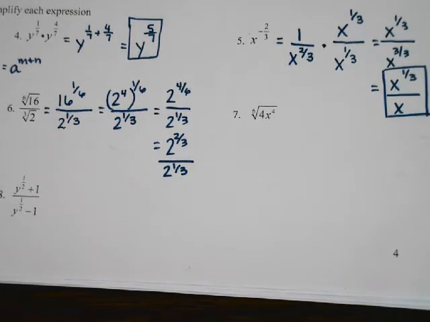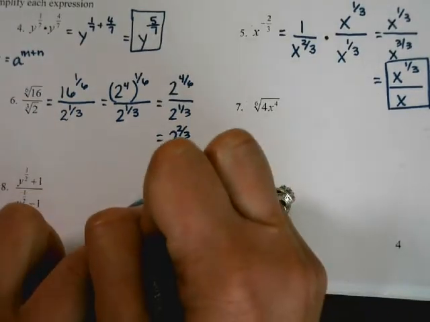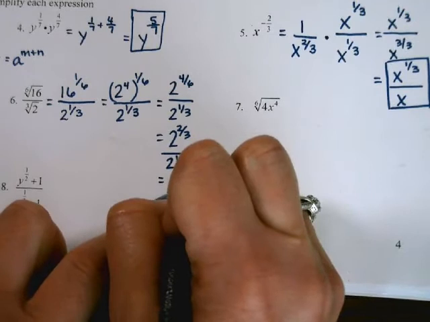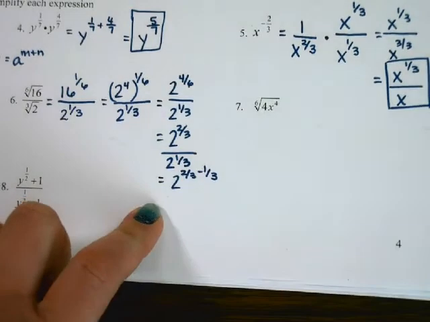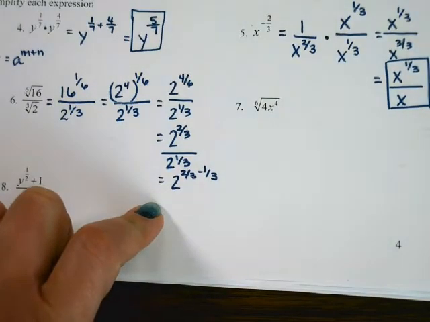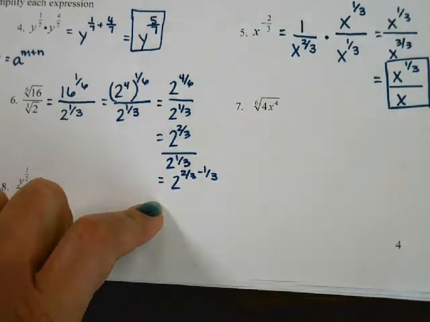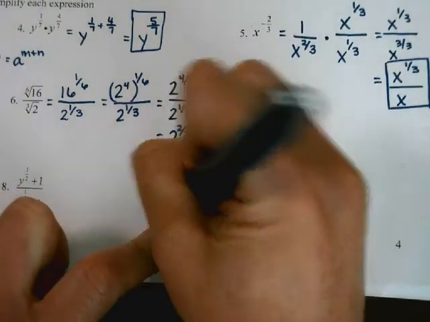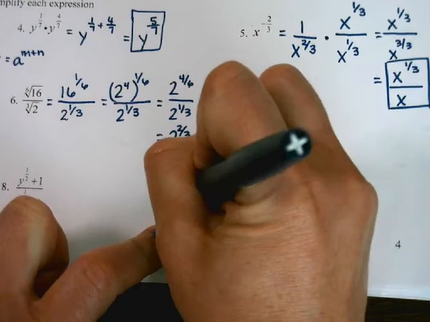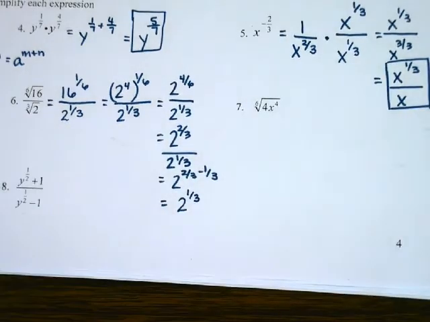Do they have the same base now? Yeah, they're both a 2, right? And my exponent rule says keep the base and subtract the exponents. Okay, so this guy is 2 to the 2/3 minus 1/3. 2/3 minus 1/3 is 1/3. We're almost done.